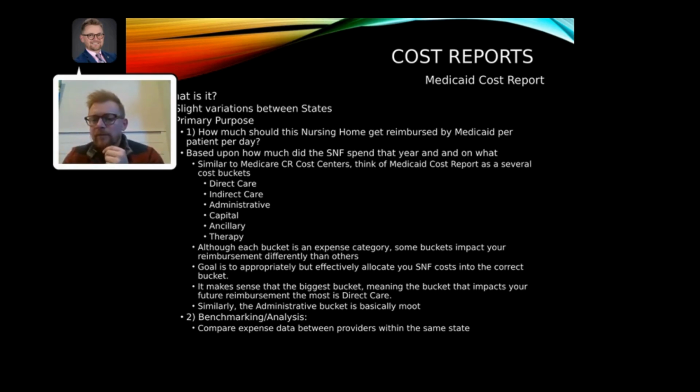But not to get in the weeds of it, the Medicaid cost report, think of it as buckets. And these buckets are expense categories provided to us by the fiscal intermediary. And whatever we have on our general ledger, whether it says registered nurse wages, whether it says director of nursing services, whatever it is, there's a correlation to the appropriate cost report bucket.